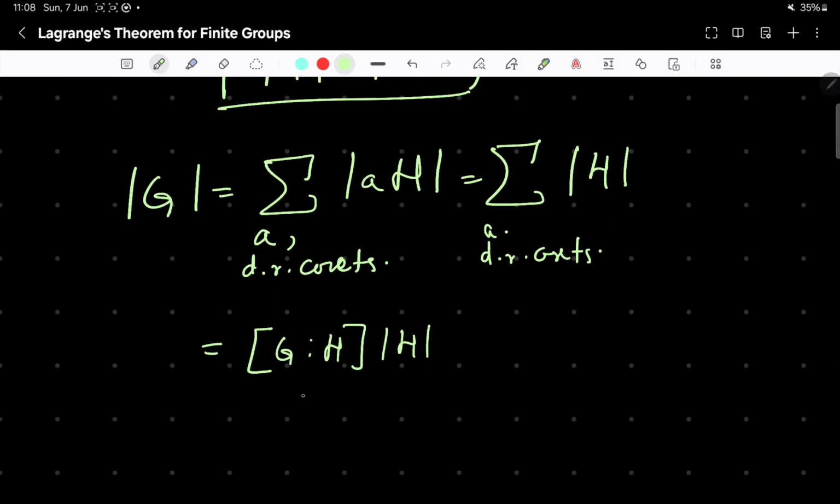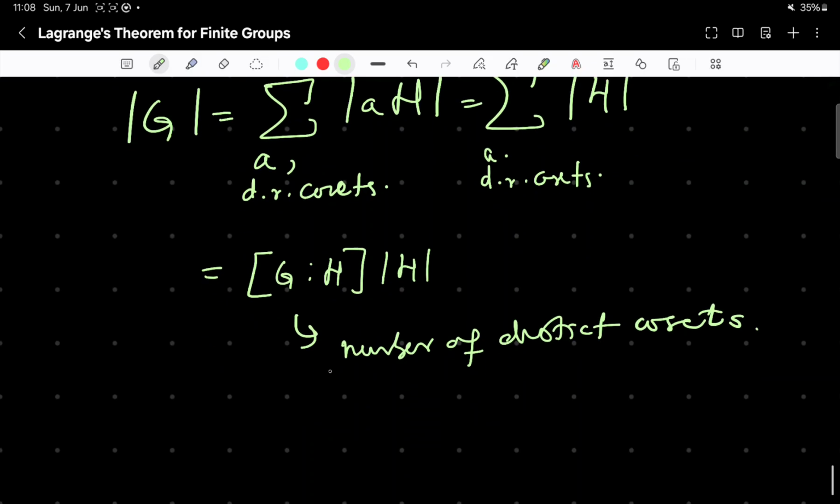You are adding, and this is the number of distinct cosets. So that is a number, right?